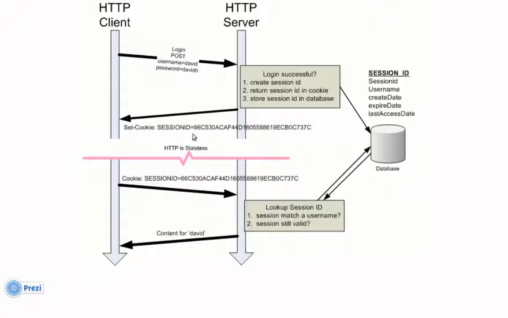Because this is a key, I have stored some data like username, create date, and expire date from the database into a session. Now, HTTP is stateless, so a new request will come with a session ID and I can simply look up with the key and find everything is available, so the session is still valid, and I can identify that this is the content for David and the same client. This is the way it works.